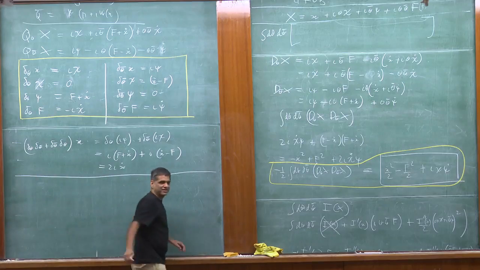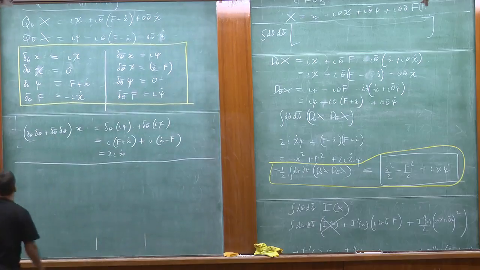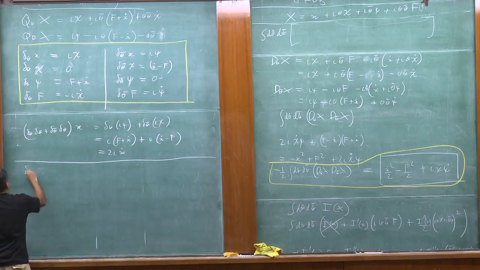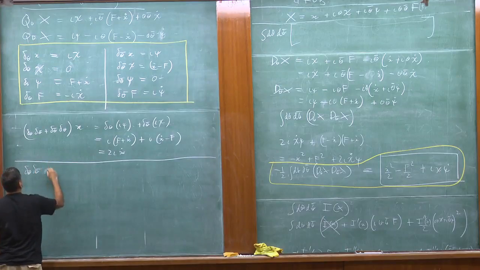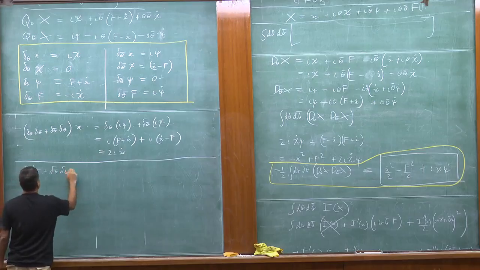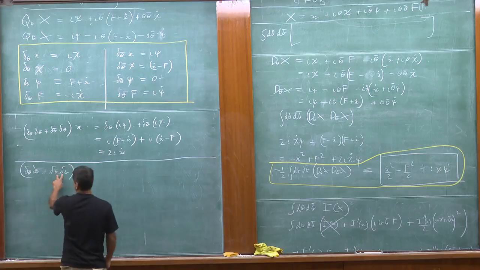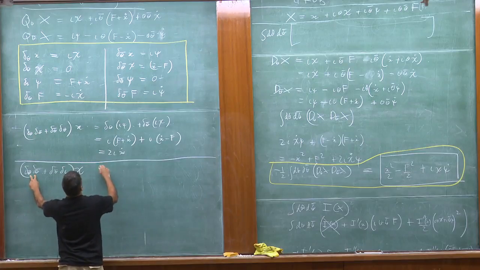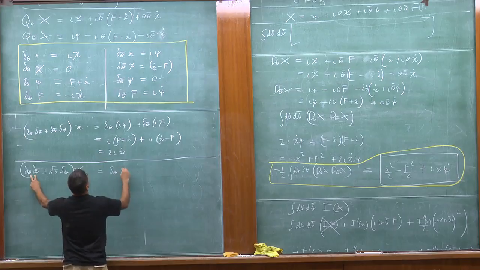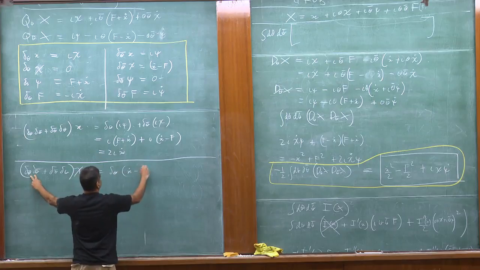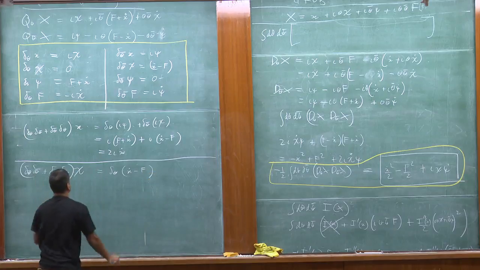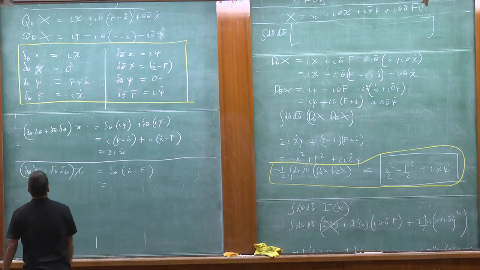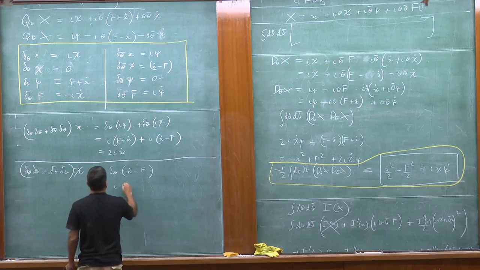We'll declare victory. And what about delta theta bar plus delta theta bar delta theta of chi. Well, one of them is easy, this one's 0. What about this guy? So this is equal to delta theta of x dot minus f, which is equal to I chi dot, to 2I chi dot.